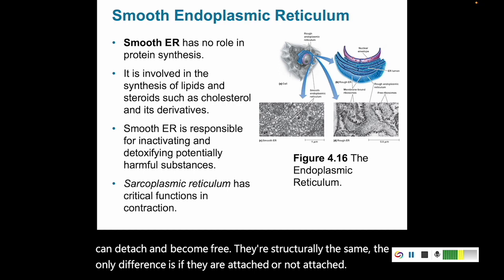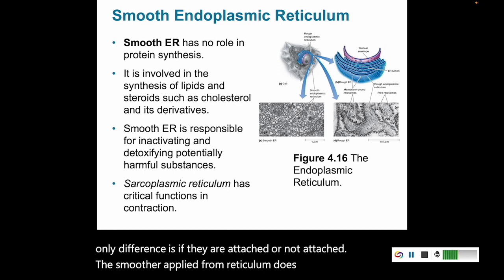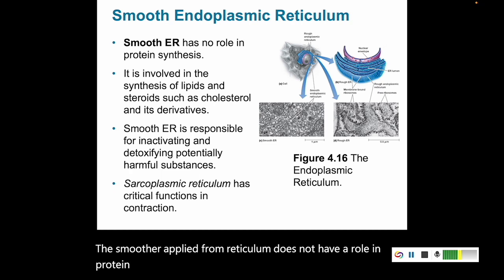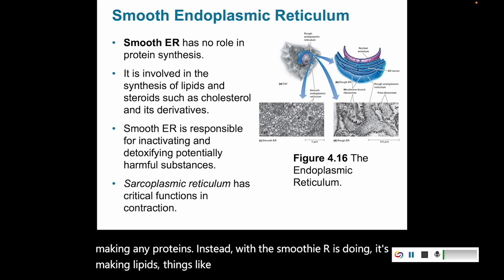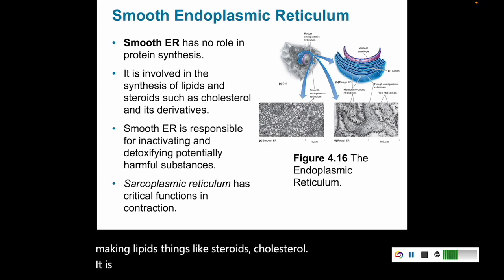The smooth endoplasmic reticulum does not have a role in protein synthesis. It does not have ribosomes on it, so it's not making any proteins. Instead, the smooth ER is making lipids, things like steroids and cholesterol. It is inactivating and detoxifying things that are potentially harmful.